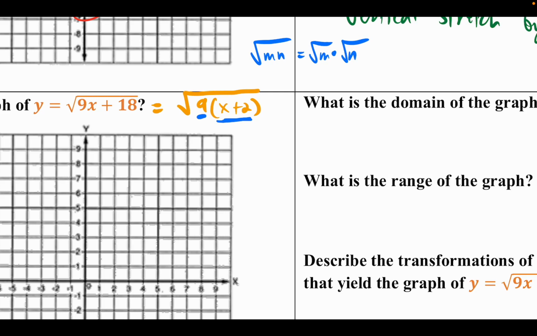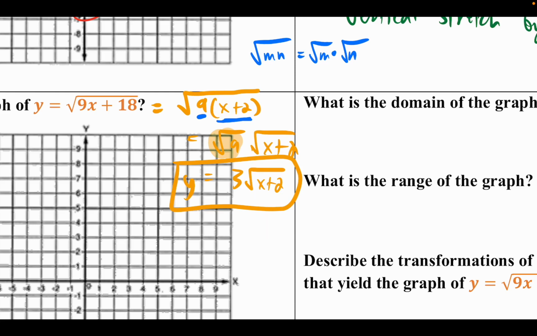So I can do that here. I can write this as the square root of 9 times the square root of x plus 2, and the 9 is a perfect square, so if I square root 9, I actually get 3 times the square root of x plus 2. And so now this right here is very graphable based on our understanding, because now there's just a 1 in front of the x.